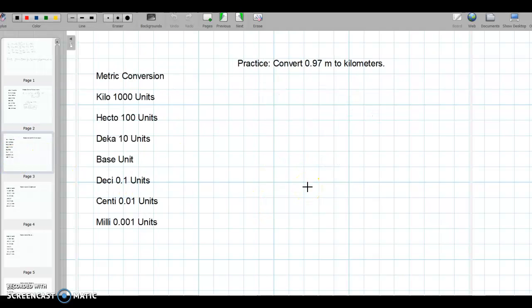So we are going to convert 0.97 meters to kilometers. So again, our nice song, King Henry died by drinking chocolate milk. So we are at our base unit of meters and we want to get to kilometers. So we move our decimal 1, 2, 3 spots.